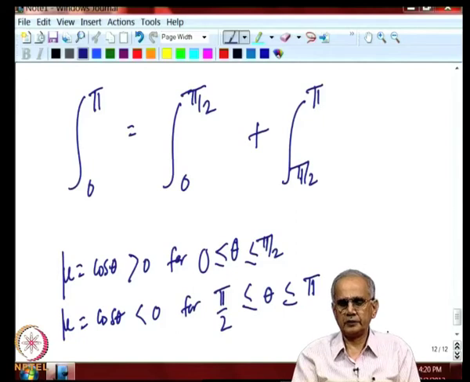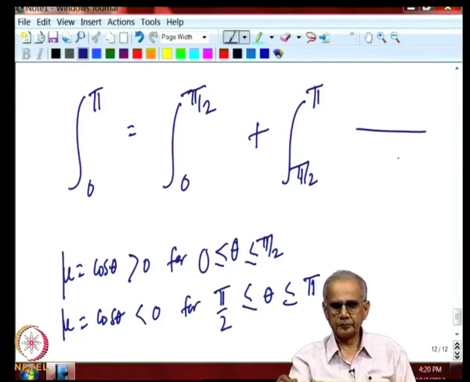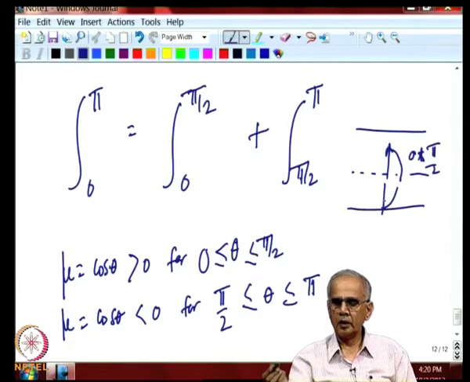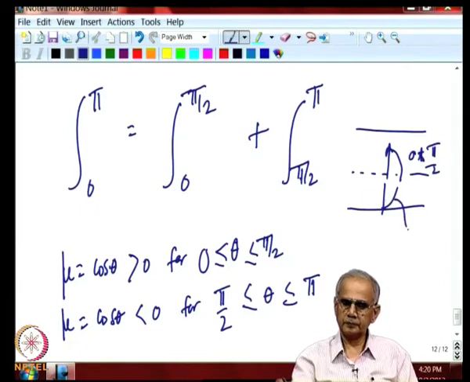This is our definition. We are assuming that for the layer, we draw a normal here, and this is 0 to pi by 2, and this is pi by 2 to pi, this portion.